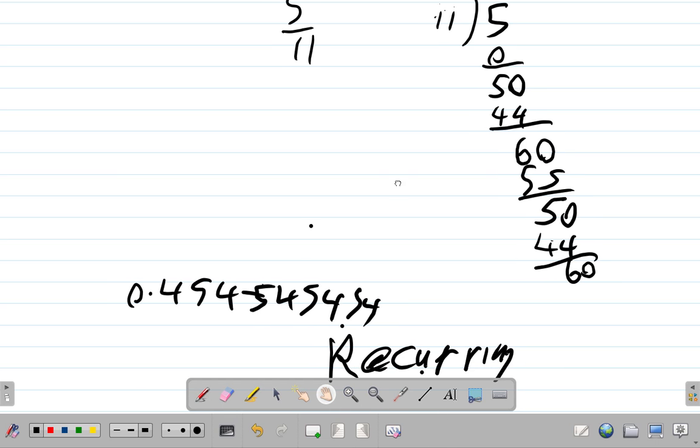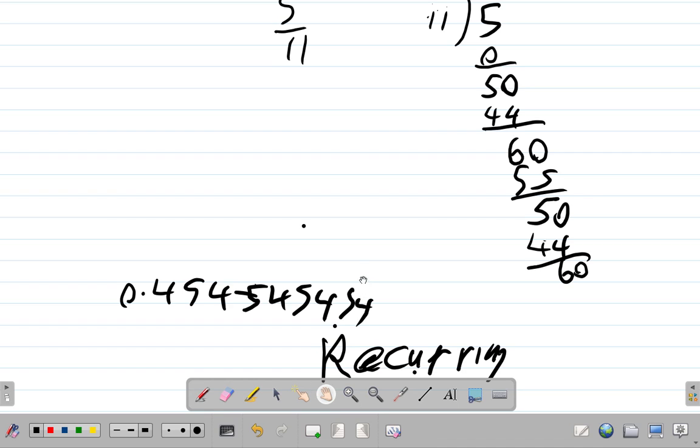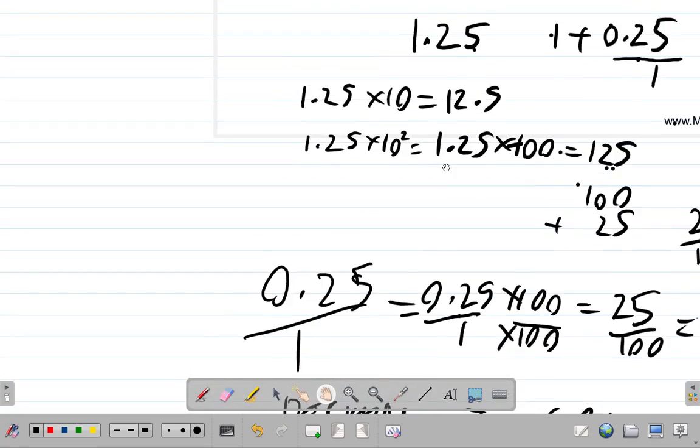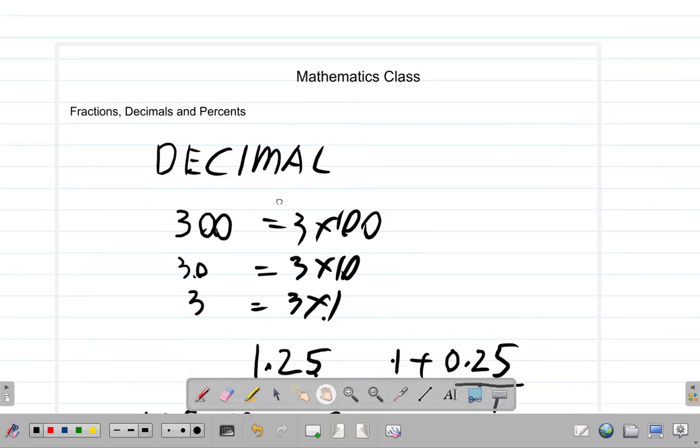Now, to show that the 0.45 continues on and on, one thing you can do is put an underline over the 0.45 like that. So you see that. That is a matter of converting fraction to decimal.